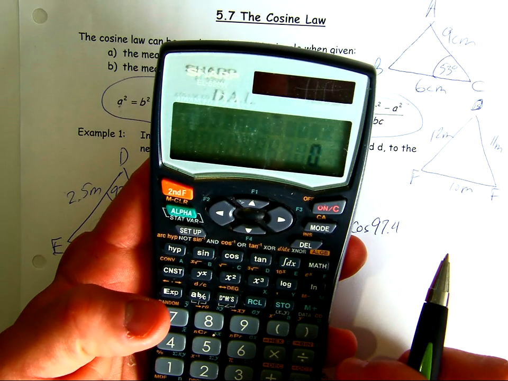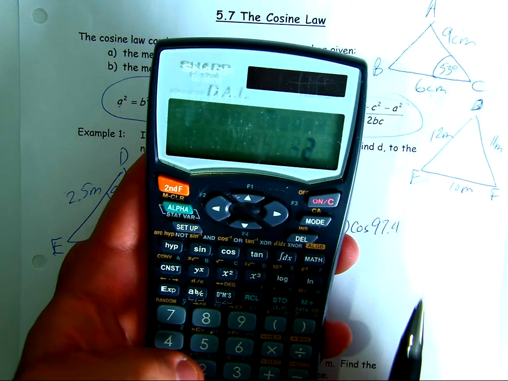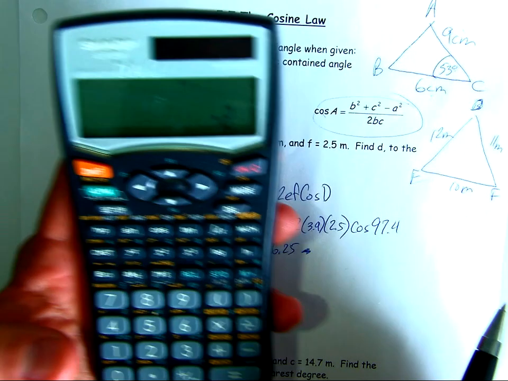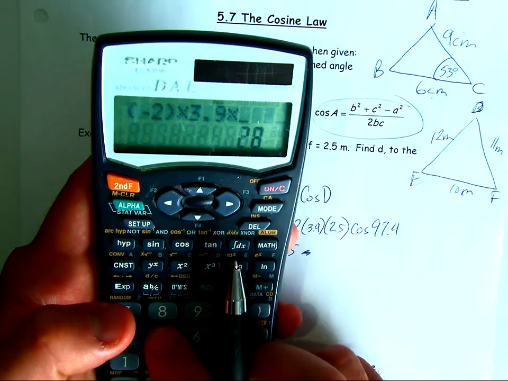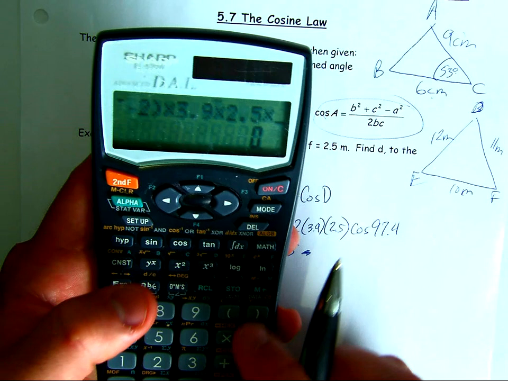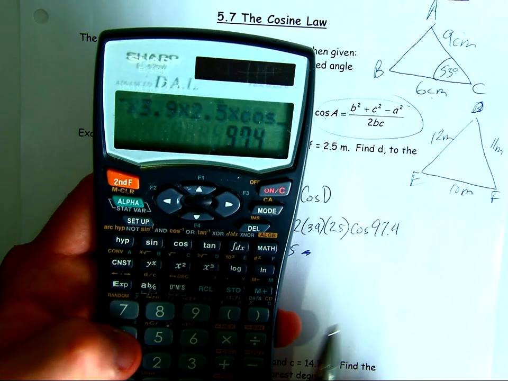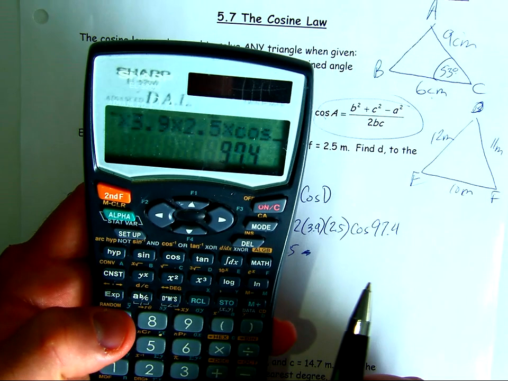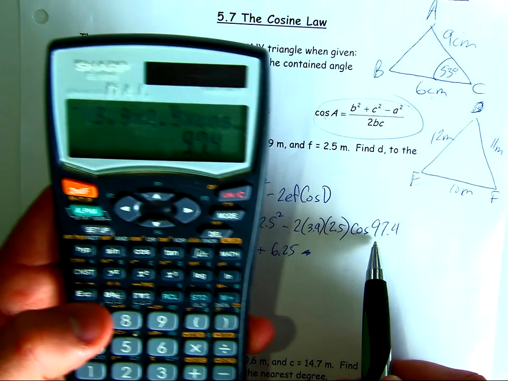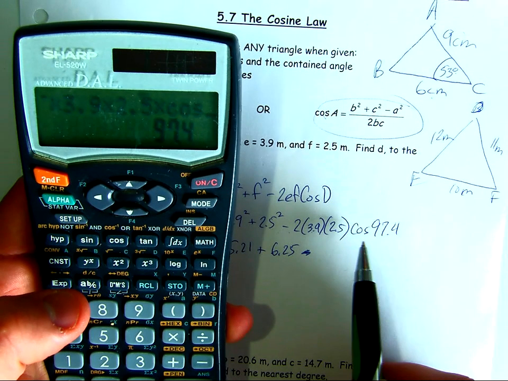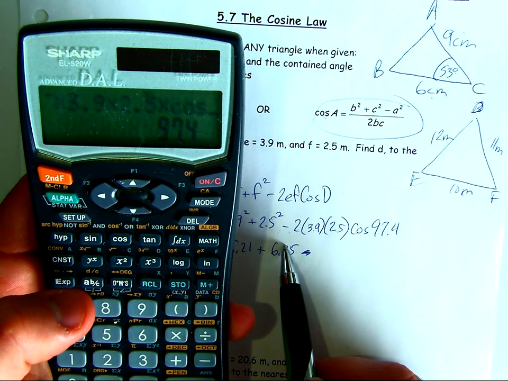Okay, I'm going to write negative 2 times 3.9 times 2.5 times the cos of 97.4. And notice I have a calculator number 1 because cos came up. If you have a calculator 2, you'd actually have to do 97.4 cos, then times that, and times negative 2.